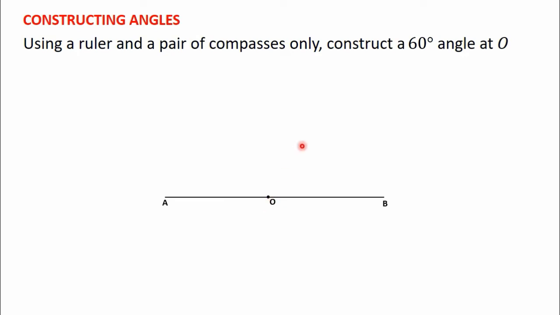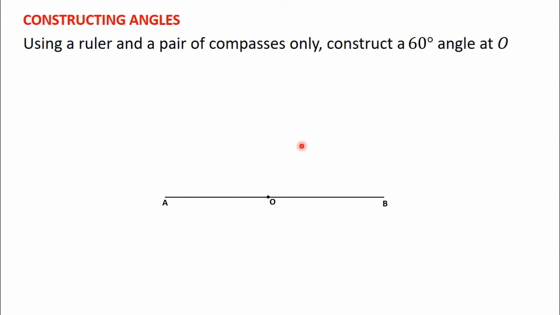point O. In the videos on plane geometry, we learned that angles on a straight line add up to 180 degrees. So, if we draw a semicircle on a straight line, the angle formed by that semicircle on the straight line is 180 degrees. We have seen this from the previous videos. 180 degrees divided by 3 will give us 60 degrees.